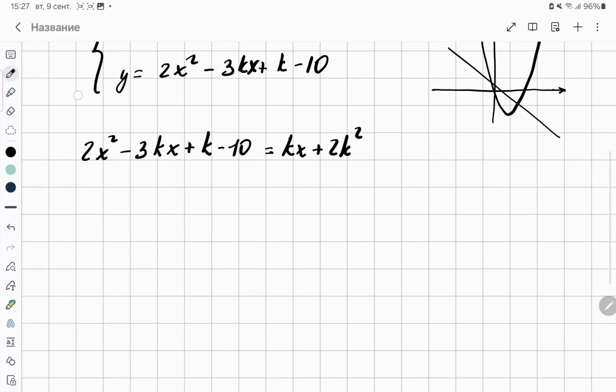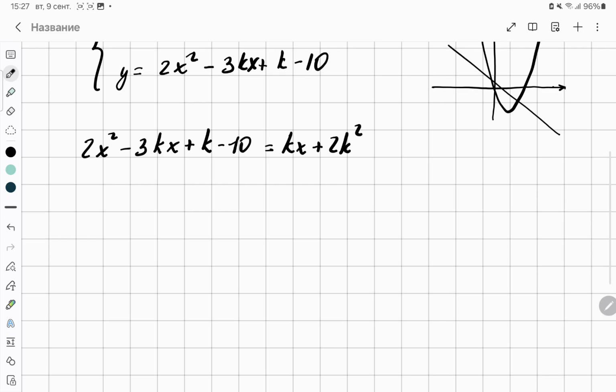Now we first put everything to the left hand side and simplify to a quadratic expression. Make sure that x is the variable here, k is a number: x squared minus 3kx plus k minus 10, put everything to the left hand side, minus kx minus 2k squared, equals 0 now.